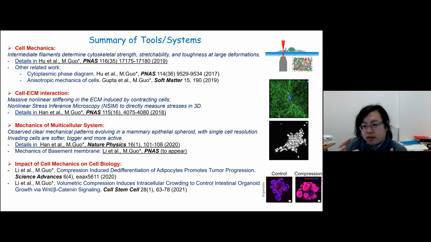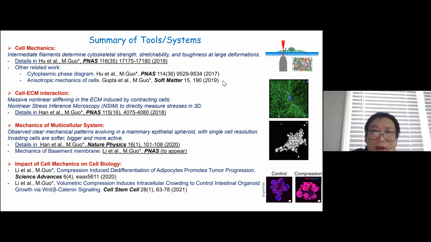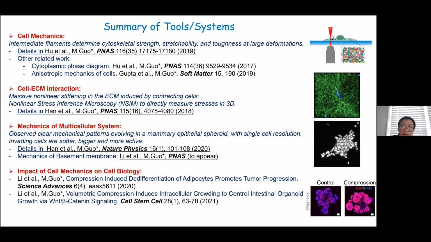Okay, and then the other question is that in the spheroid case, you see the differentiation in terms of the stiffness. How much of that is due to stiffness sensing, and how much is just due to nutrient limitation in the middle of the spheroid? Well, this is actually something interesting. The cells in the middle of the spheroid can move out, and the ones outside can move in.